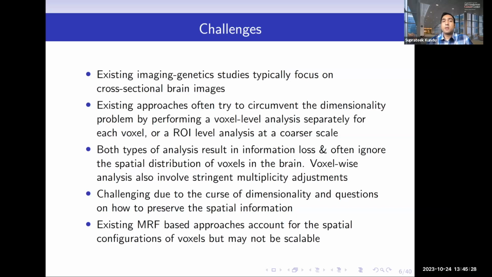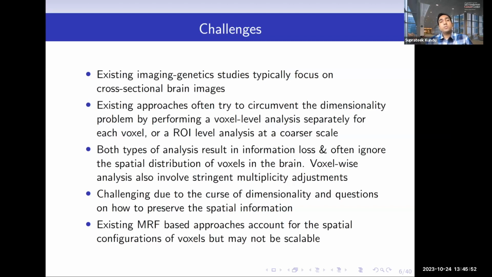So first is that these existing imaging genetic studies, and our study is technically an imaging genetic study, typically focus on cross-sectional brain images. And again, there are some papers that look at longitudinal images and genes, but that number is fairly limited to our knowledge.